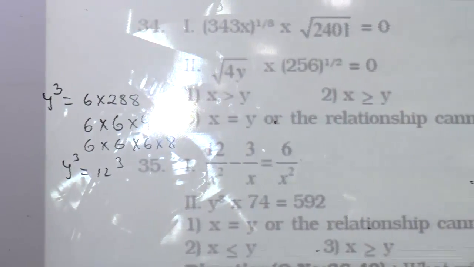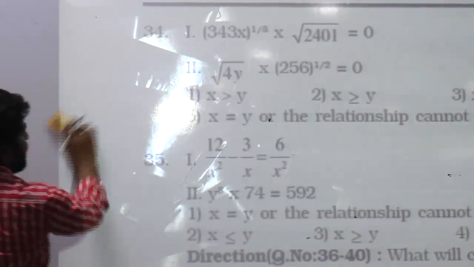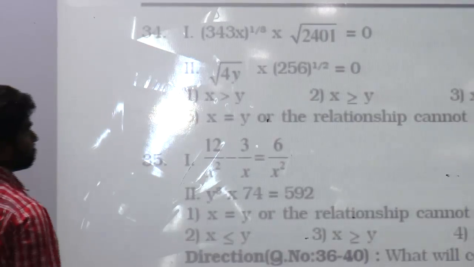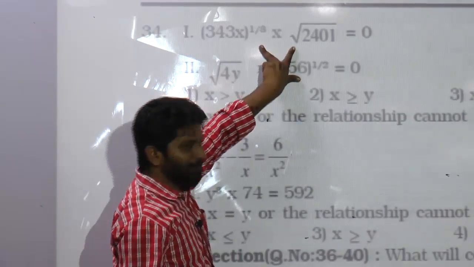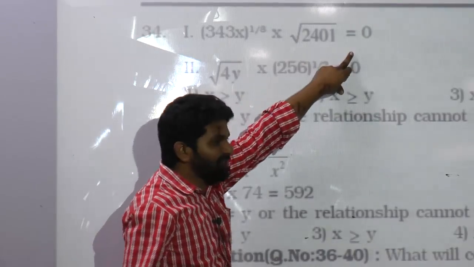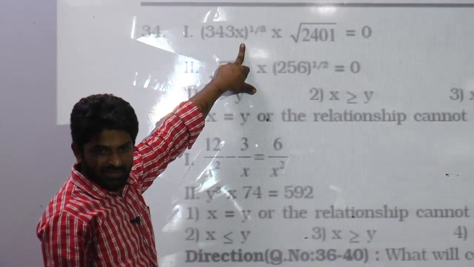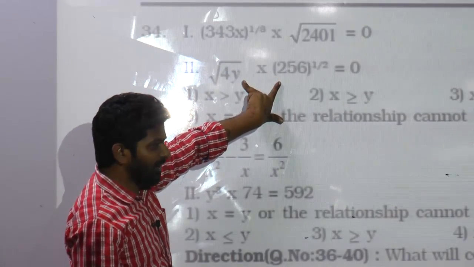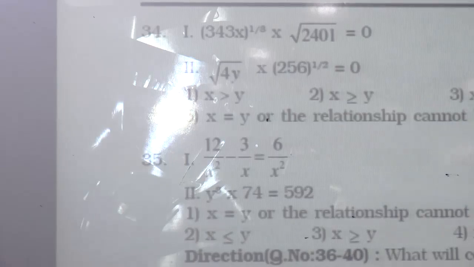34. What is 343? Whatever it is, this is multiplication, right? And x should be 0. Yes, this is also multiplication, y should be 0. X and y both are 0 values, x is equal to y, right?